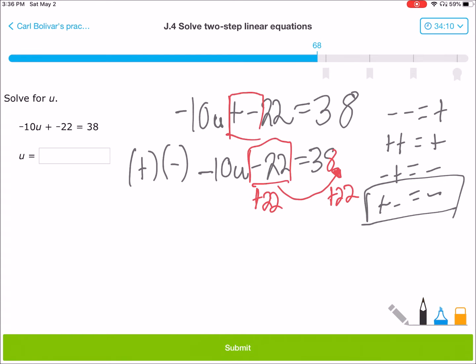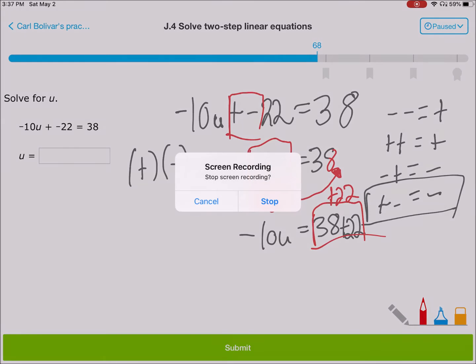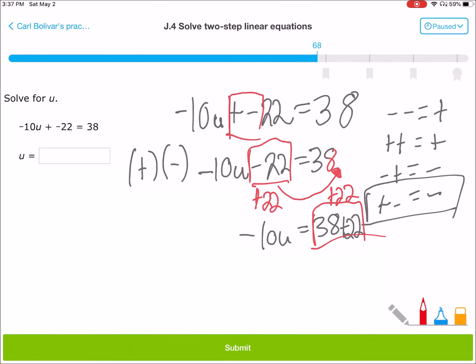So then what you get is negative 10u is equal to 38 plus 22. Alright? So then we simplify this, that will simplify to 60. Alright, so negative 10u is equal to 60.